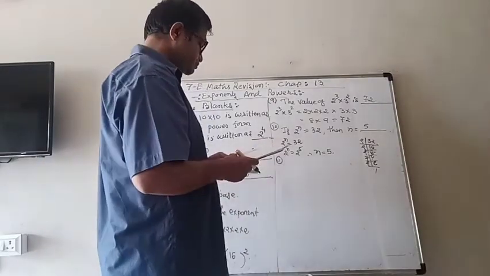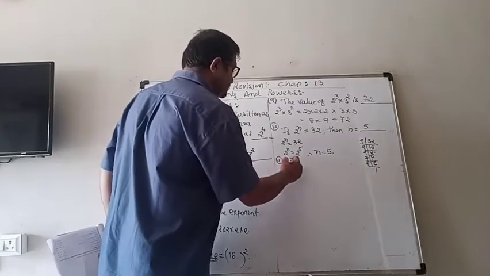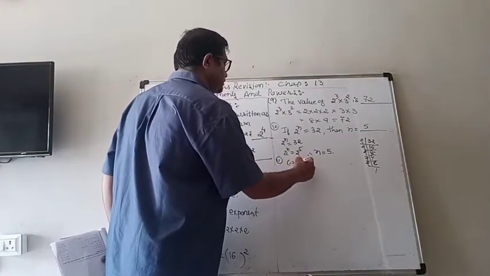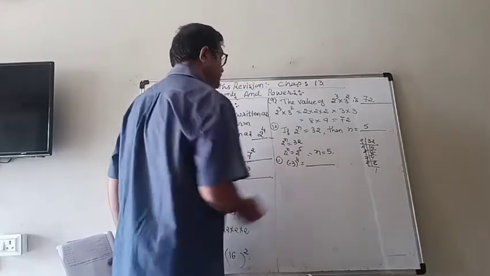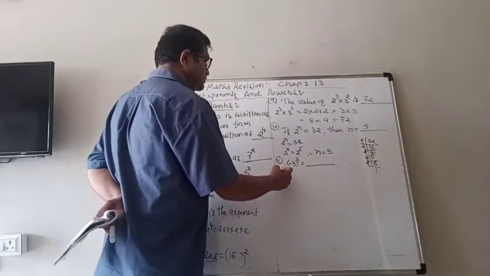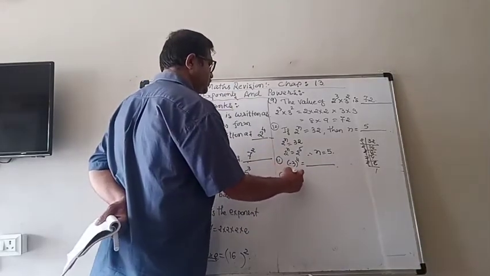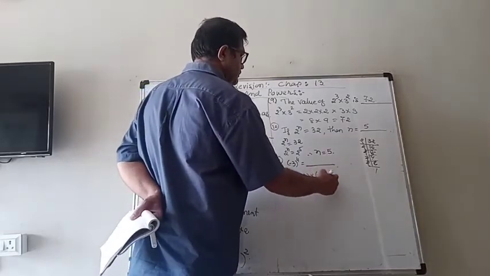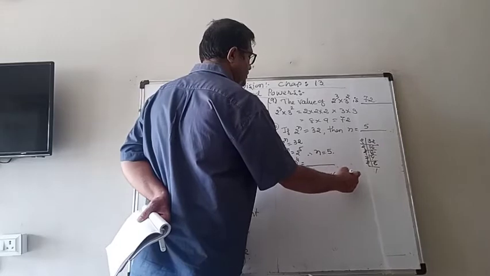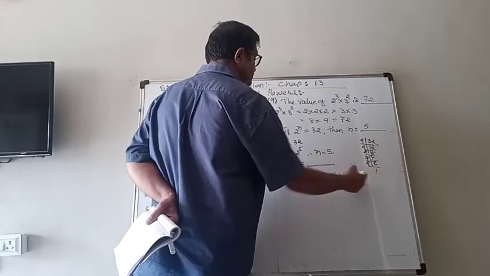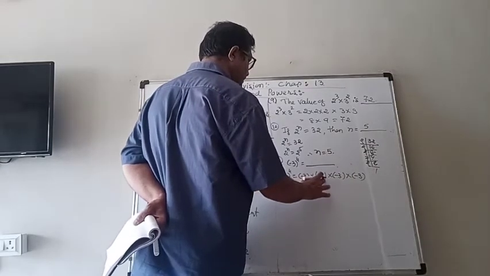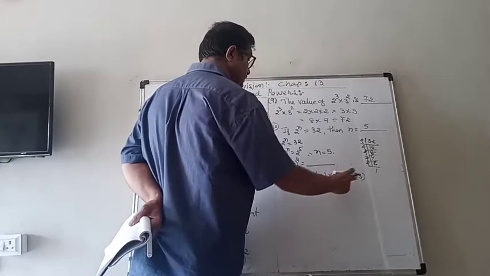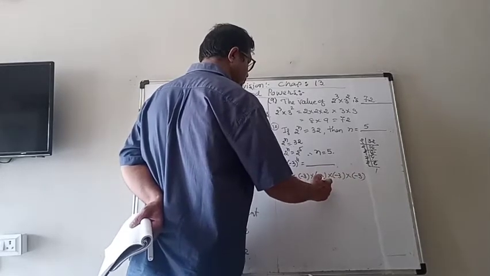11. Minus 3 power 4. Now here minus 3 raised to 4 means minus 3 multiplied by minus 3 how many times? 4 times. Now here negative negative becomes positive. Here also negative negative becomes positive.